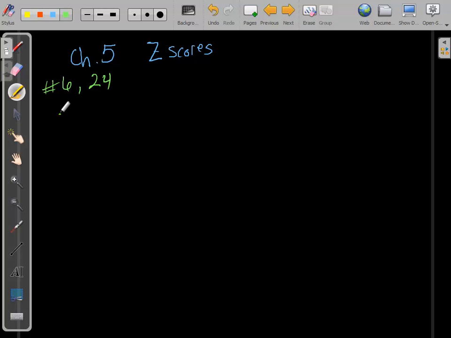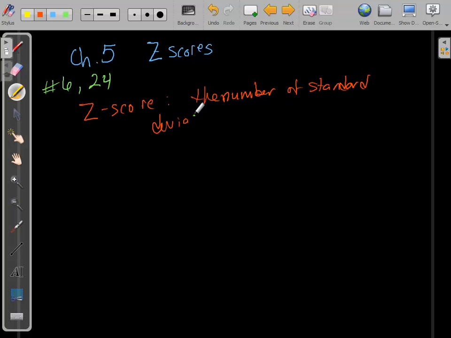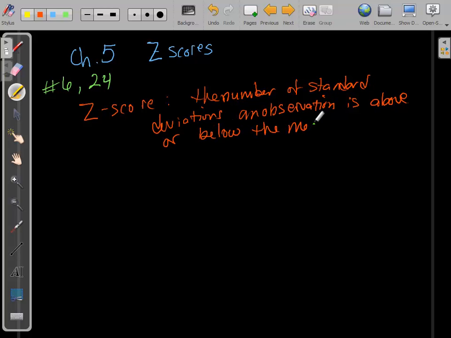Okay, so let's take a look just real quick at number 6. Before we do that, maybe I back up and say, a z-score, the definition is the number of standard deviations an observation is above or below the mean.